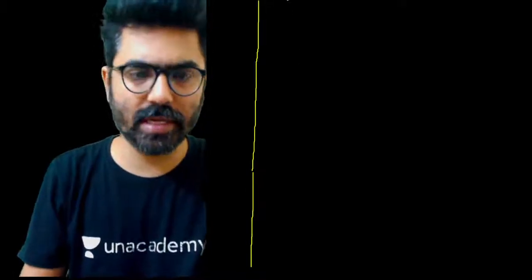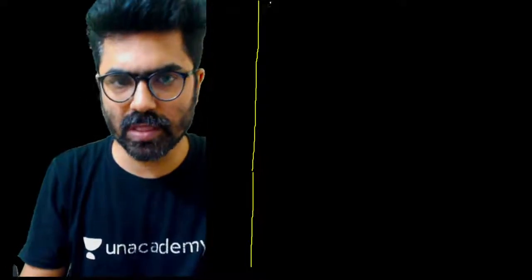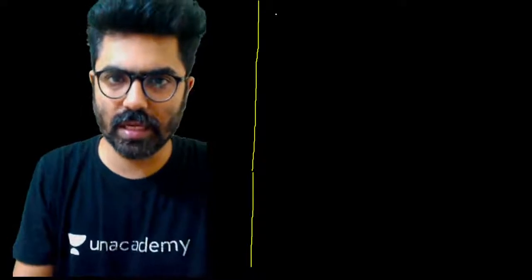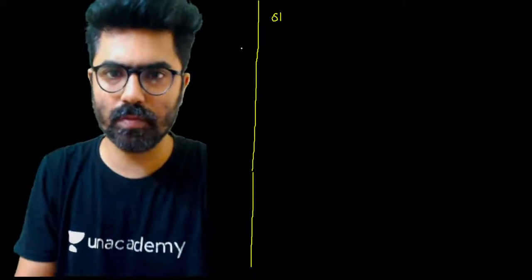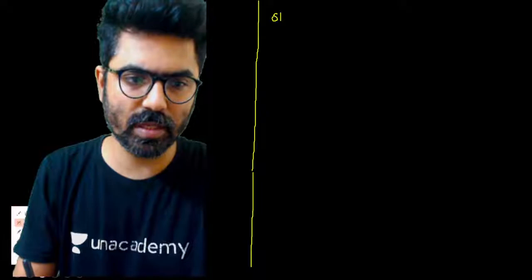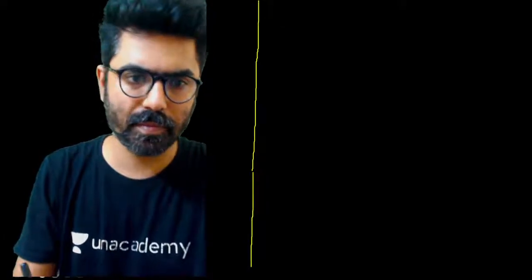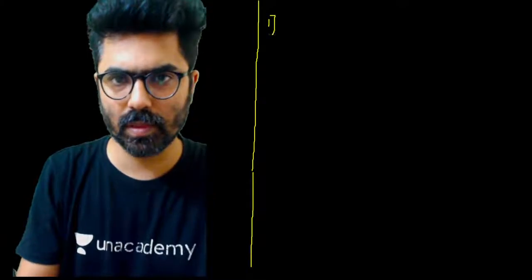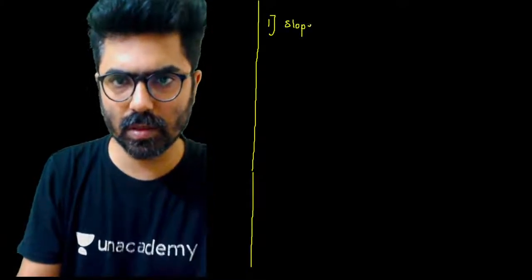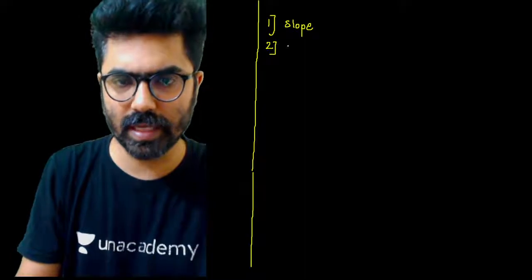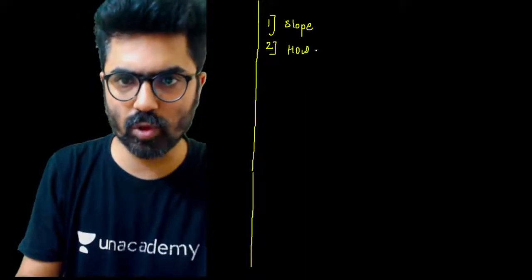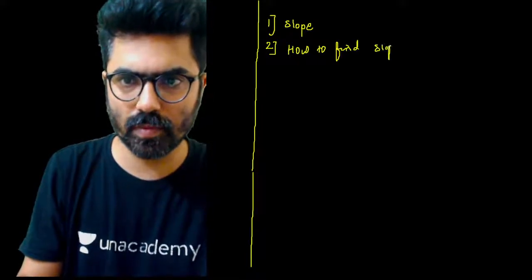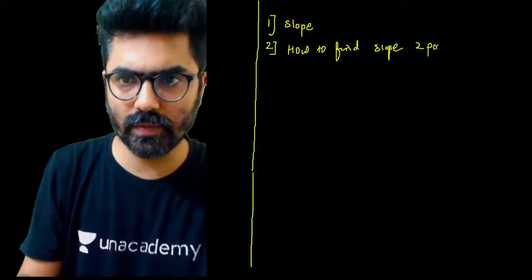So before starting straight line, let me just introduce some basic terms here. The first term that we learn in a straight line is slope. Second, how to find slope when 2 points are given.